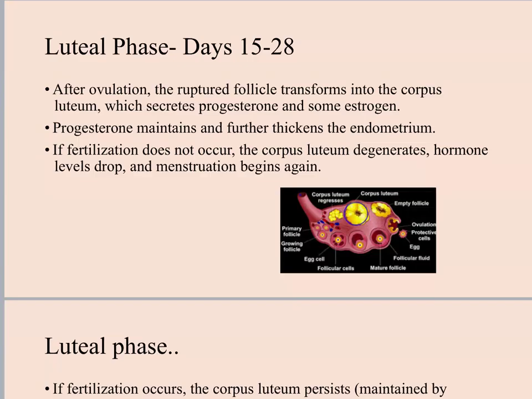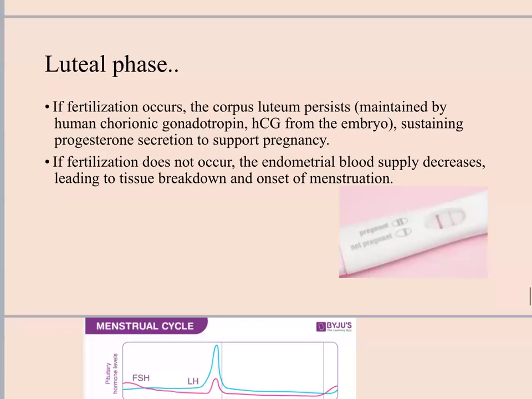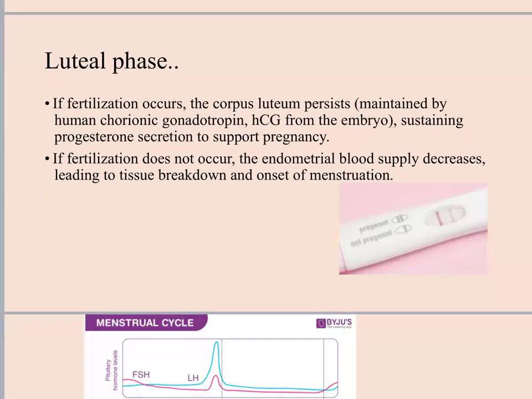Now, if fertilization occurs, then that corpus luteum is going to hang around. It hangs around because of something called human chorionic gonadotropin, HCG for short, which is something that the embryo produces. That is going to sustain the progesterone and support the pregnancy.